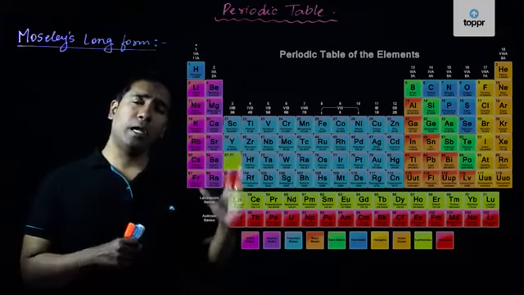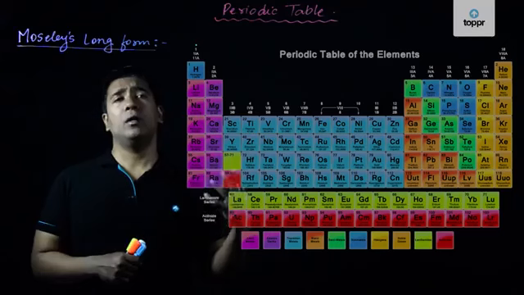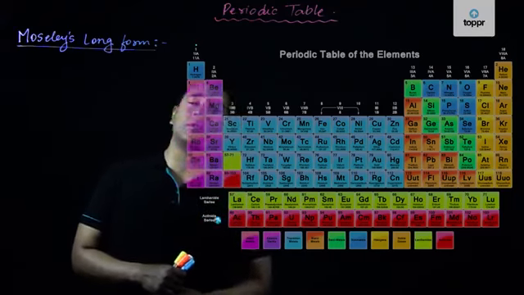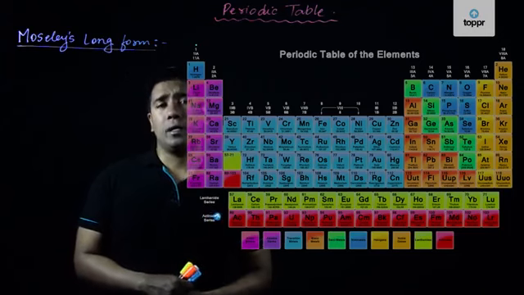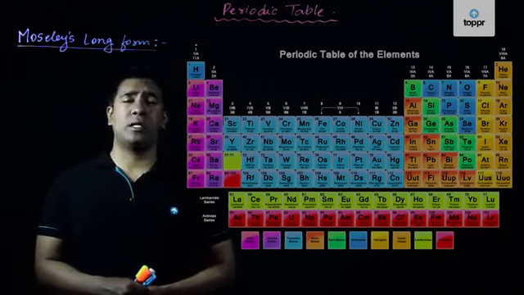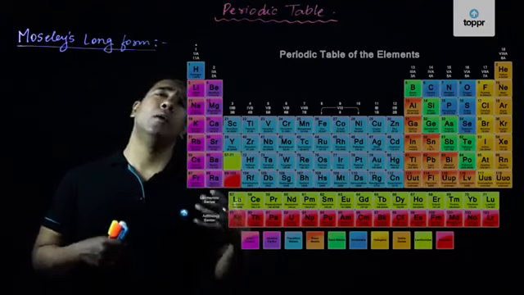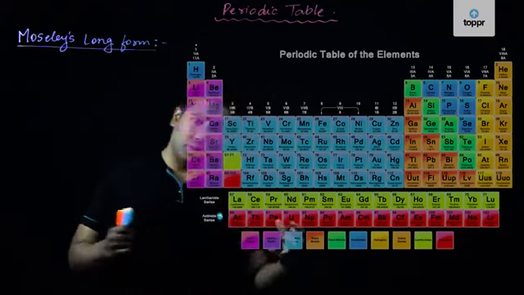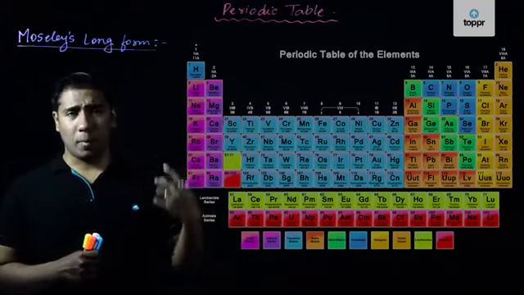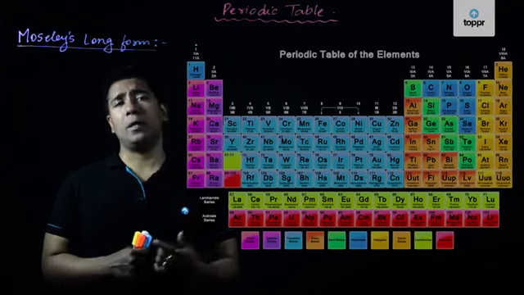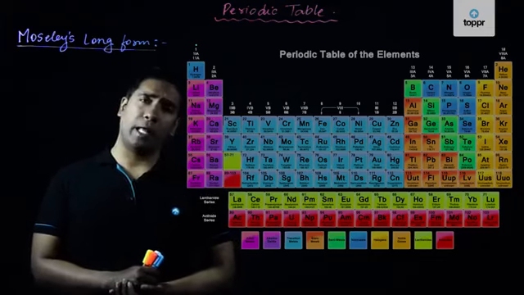So we knew at that time the exact structure of atoms, where the electrons and neutrons were, what areas they were located in, and what their masses were, which helped Moseley a lot in understanding the interrelationship between the atomic mass and the periodic properties, in terms of physical and chemical properties of different elements.